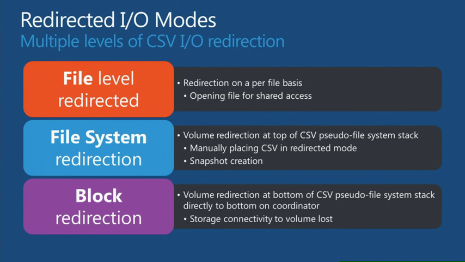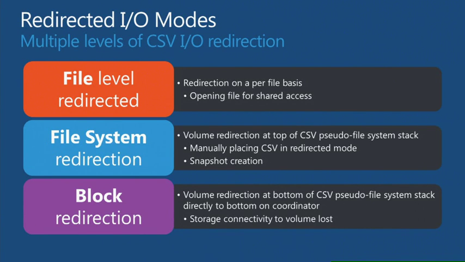But now, since CSV is more general purpose, you could well have 2 nodes wanting shared access to a file. So as I described using the op lock mechanism, where 2 nodes are requesting access to the right op lock. So that is file level redirection.